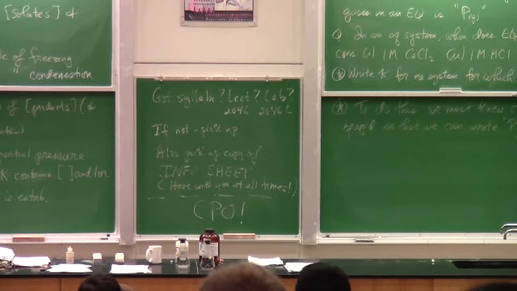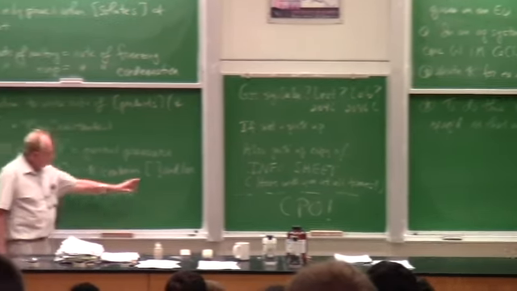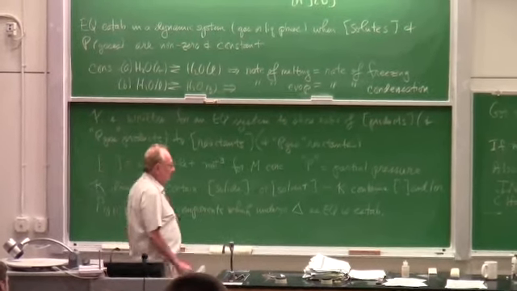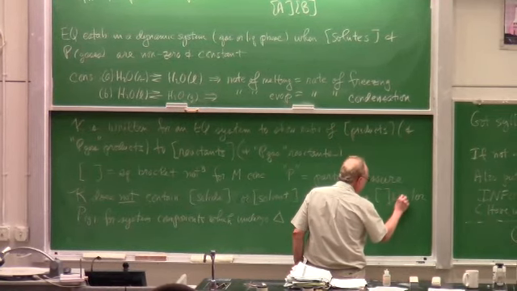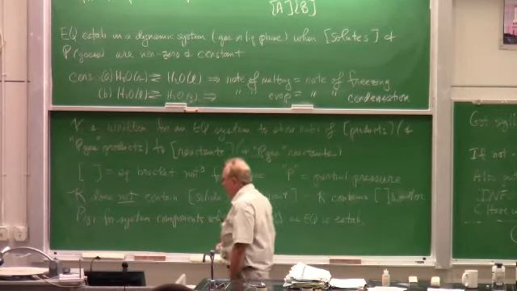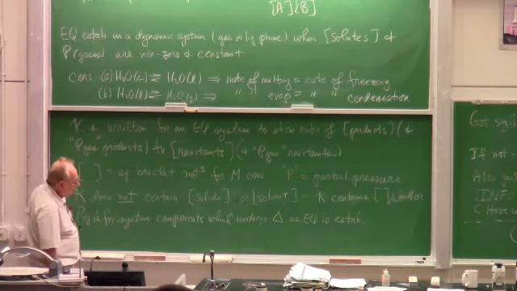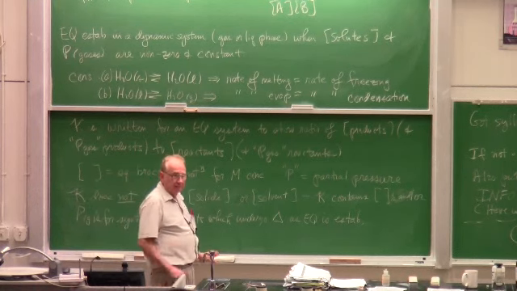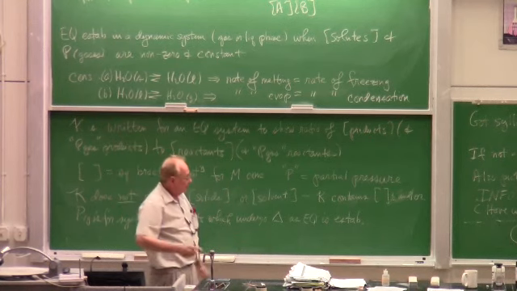So we realize an equilibrium constant expression contains or is composed of molar concentrations and or partial pressures. Maybe I should put a plural in here. For system components which undergo a change as equilibrium is established. Well, we've already seen, for a pure substance like a solid, little piece, ton, who cares? Concentration is the same.